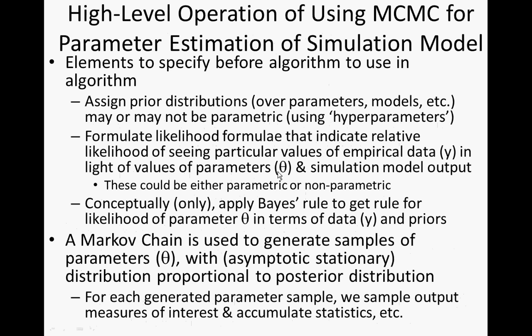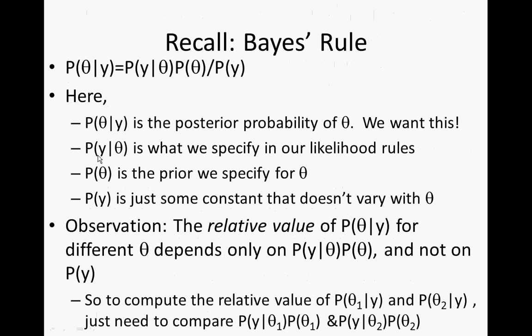So P of y given theta gives us something we bring to the table. How likely is it, for example, that you would have seen this many people in week 2 if you had had these parameter values?